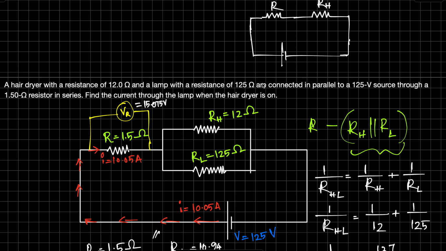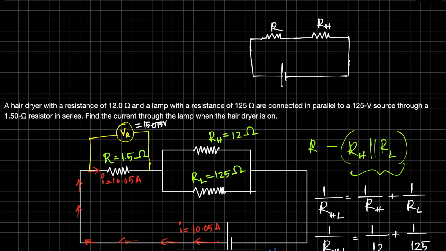The total voltage provided by the battery is 125 volts. And out of 125, 15.075 is getting dropped across resistor R. So what could be the voltage drop across resistor RH? How do you find that?